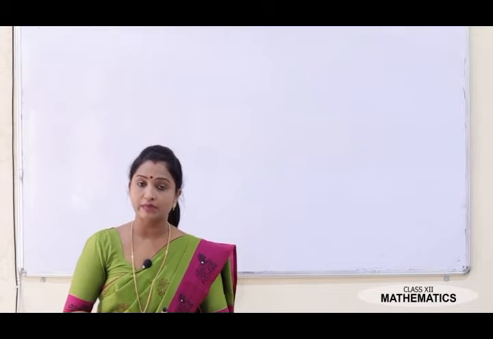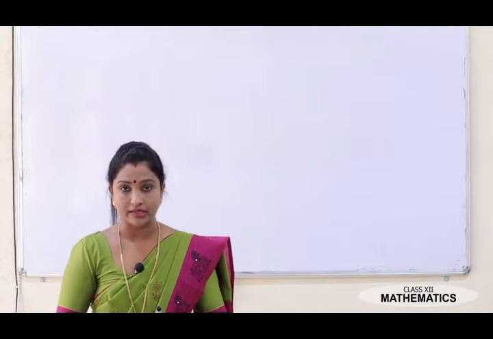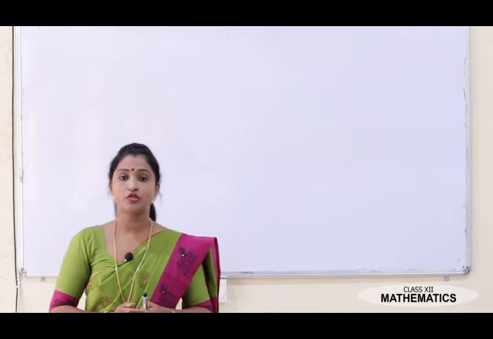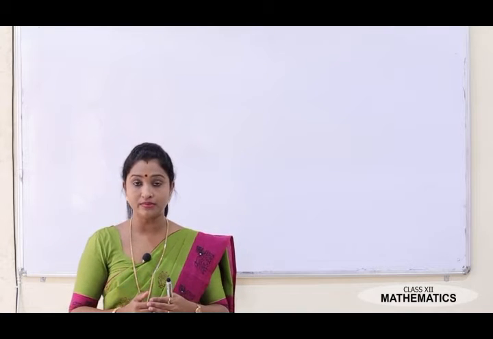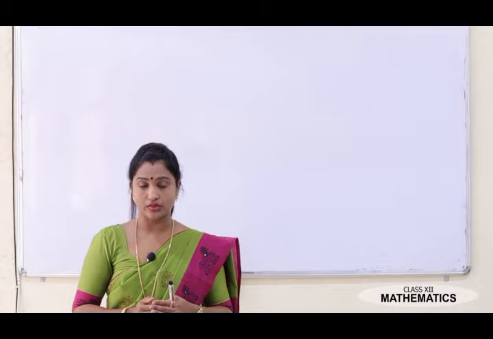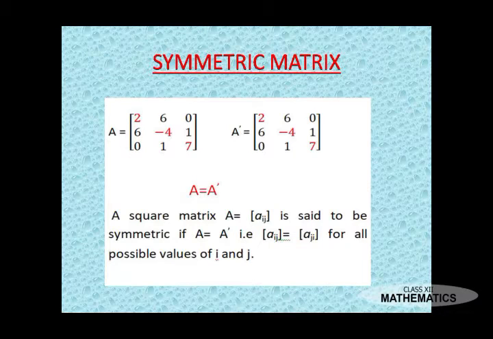I have already explained in the previous class what a transpose of a matrix is. Transpose of a matrix means you interchange the rows and columns, and you get the transpose, which is normally denoted by A dash. So in my slide you can see that A dash is the same as A.